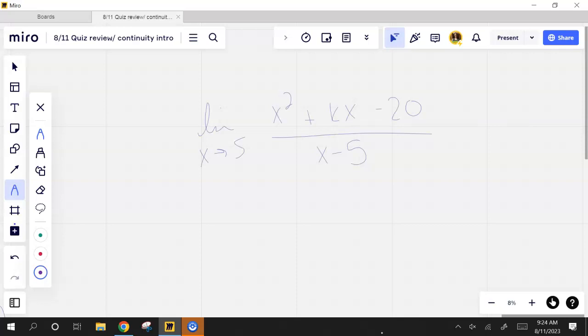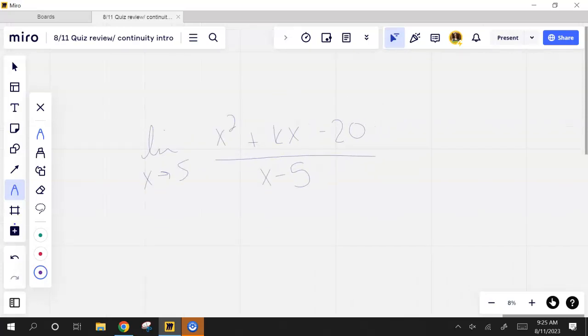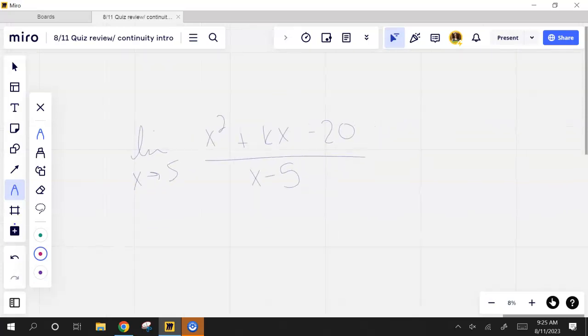I can't plug in 5 the way it is. In order for the limit to exist, I need to be able to rework this where I can get that out of the bottom. I need an x minus 5 up top so that they cancel. What would have to go here to make that true?